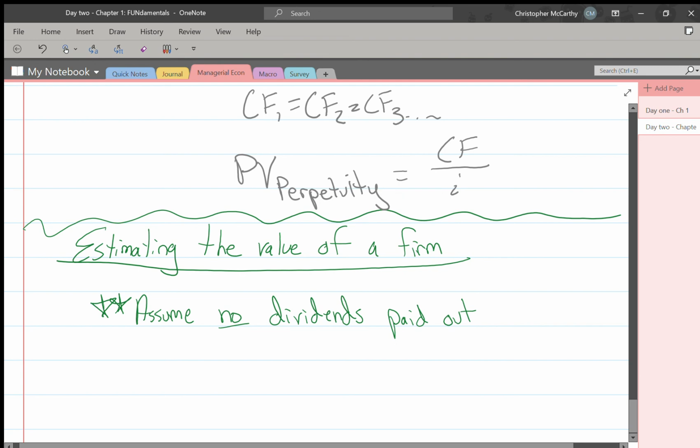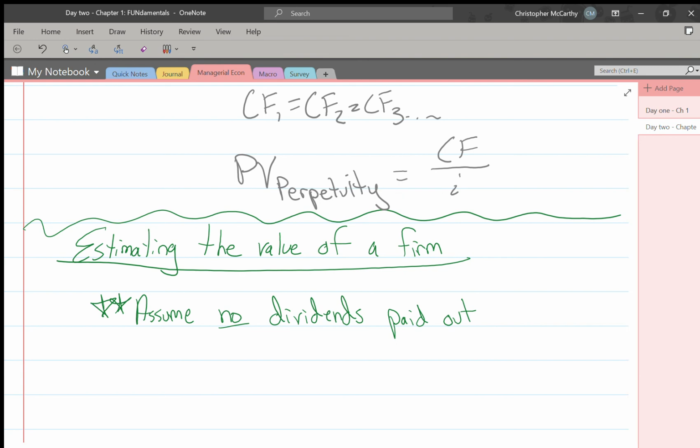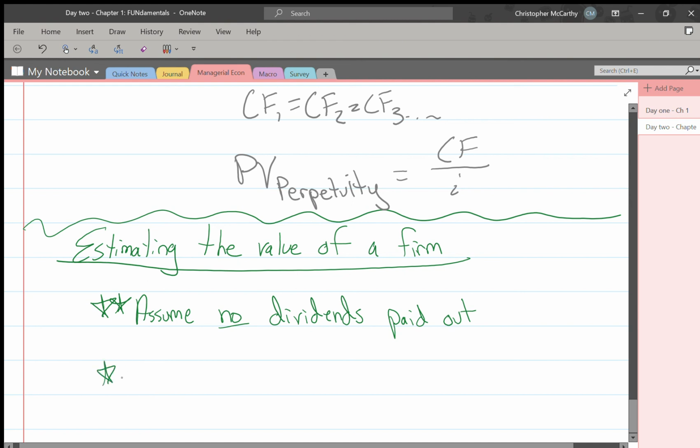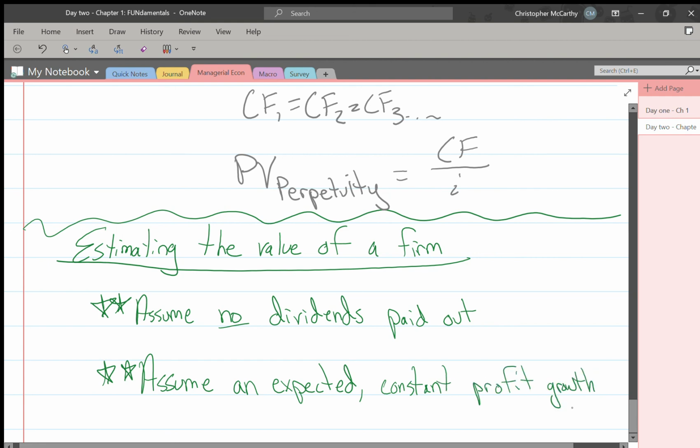So when there's no dividends paid out and there's an expected constant profit growth rate, which is a big assumption, right? This is a kind of heroic assumption.